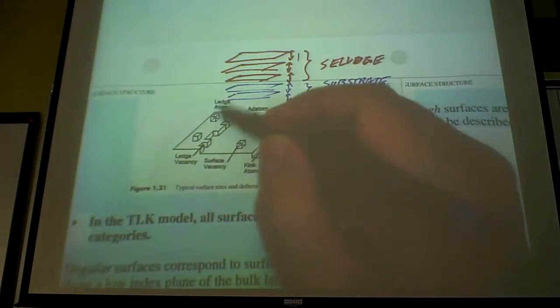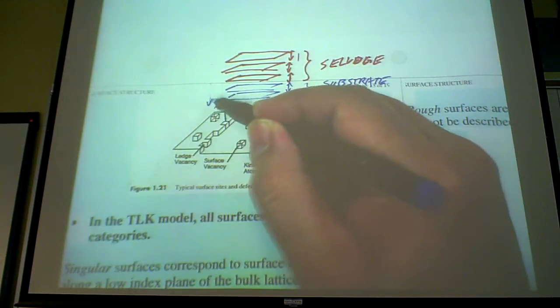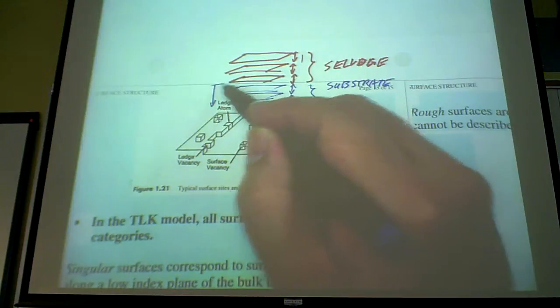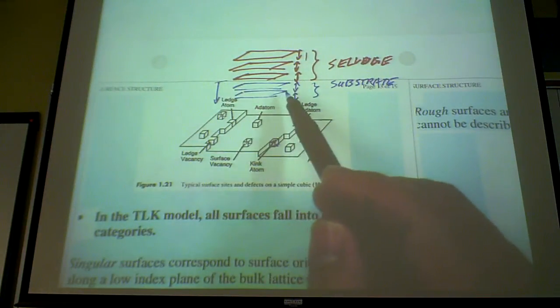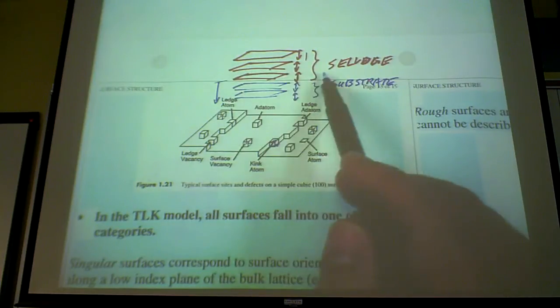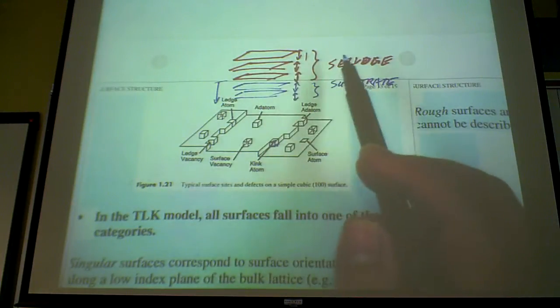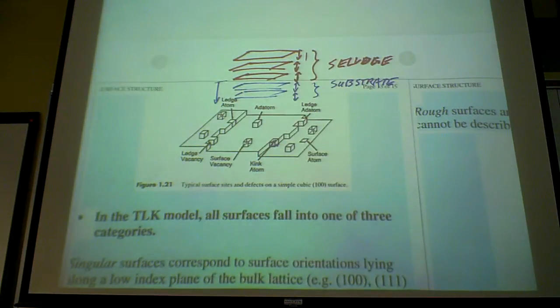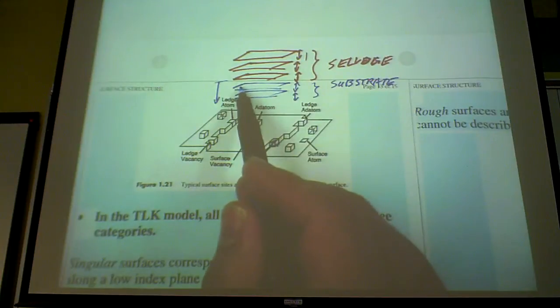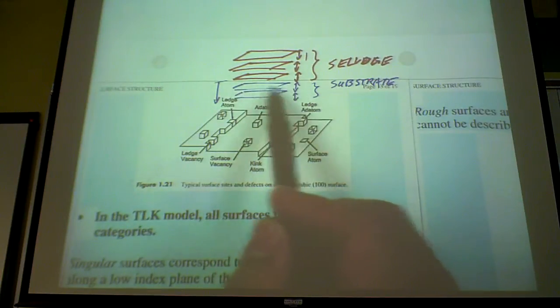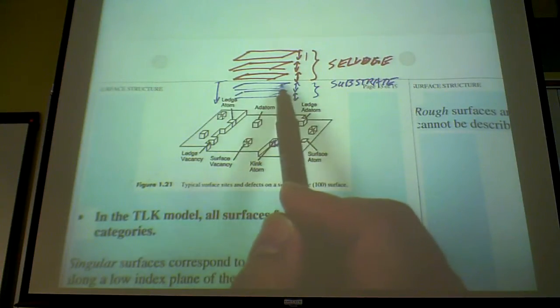From this point on, you will not see any difference. This is 3D symmetry, including the depth direction. In here, the selvedge region, that's the 2D symmetry. So when we're talking about the ideal surface, we are really talking about this layer, because this layer is the one without any reconstruction. The atoms do not move.